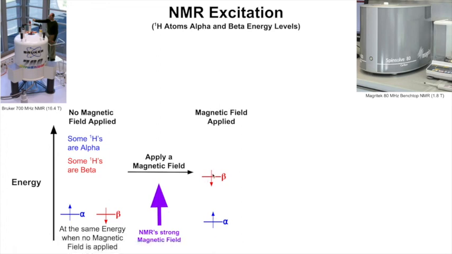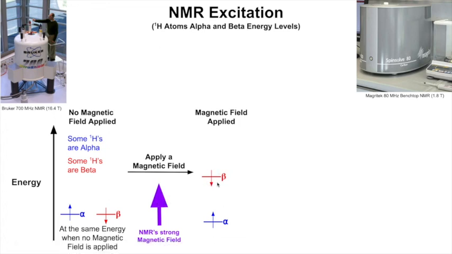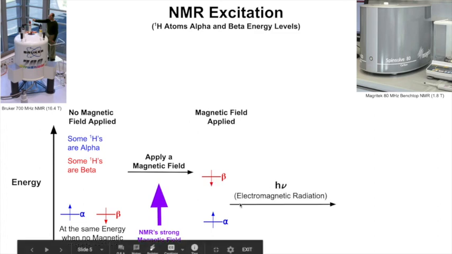And then the hydrogen atoms that happen to be opposing the magnetic field are higher in energy. And then we hit this with electromagnetic radiation, and we can excite an alpha to a beta, and we have a detector that can say, oh, a photon of electromagnetic radiation corresponding to this energy was absorbed, and that tells us about the structure of the molecule.